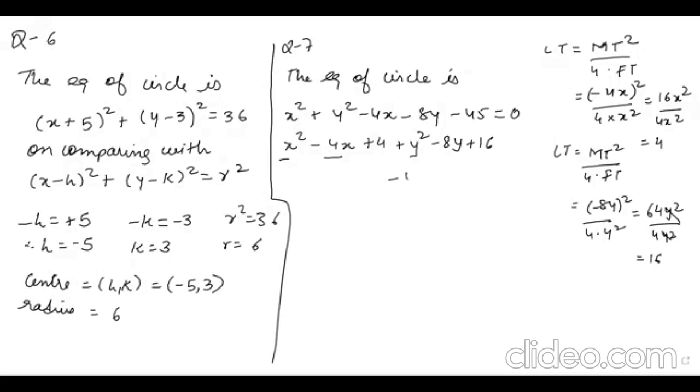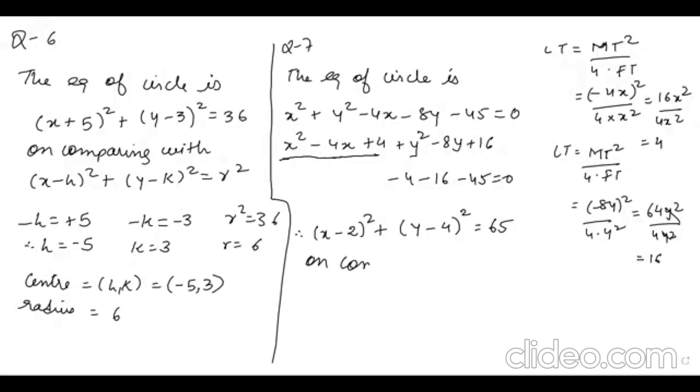Now I am removing 4 extra and removing this 16 also, and this minus 45 equal to 0. Now we can see that this is your perfect square: x minus 2 whole square plus y minus 4 whole square. I will take all these terms over here. This is 4 plus 16 plus 45, which is 65.